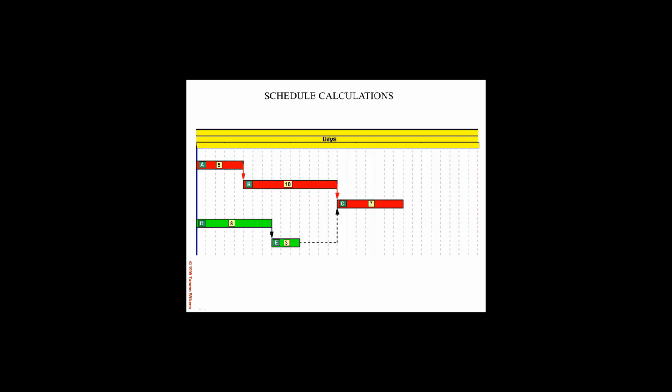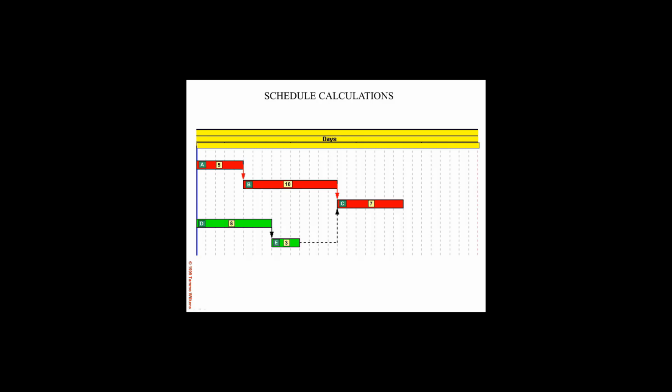So we have the same simple little network here, but I did not include the not earlier than constraint on activity E. The letters, of course, are activities A, B, C, D, E. The numbers in the yellow boxes represent the duration in days.